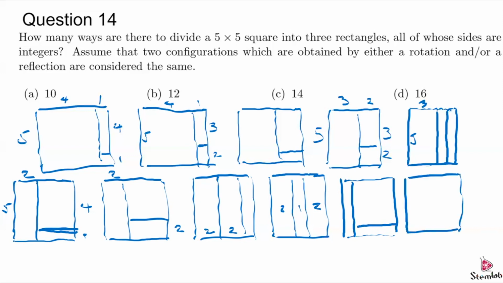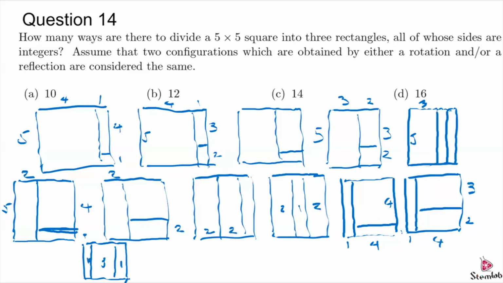This is a 1, 1, 4, 4, 1, 4, 2, 3. And then we have the verticals: 1, 1, 3, 1 in terms of lengths.